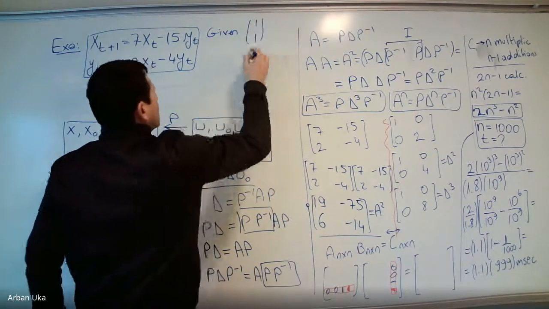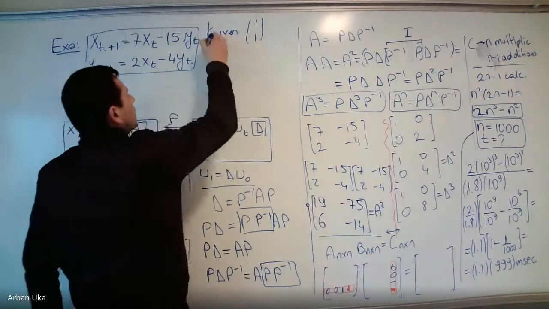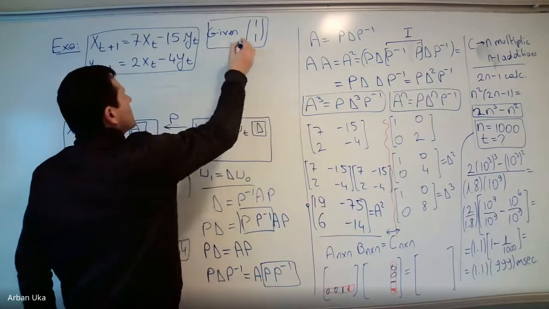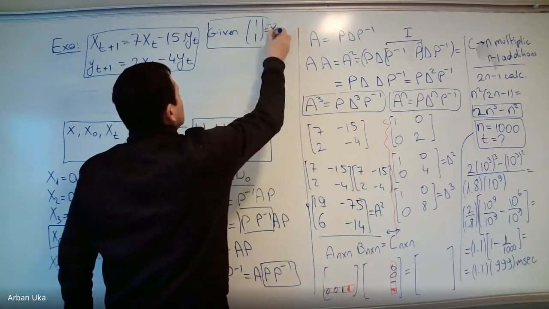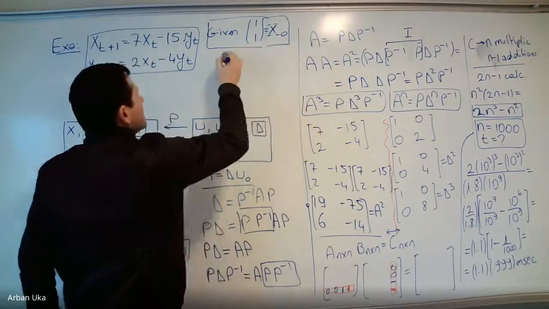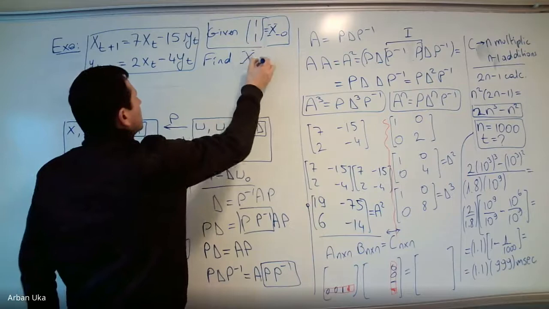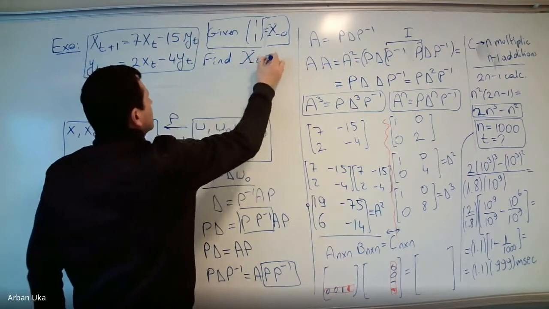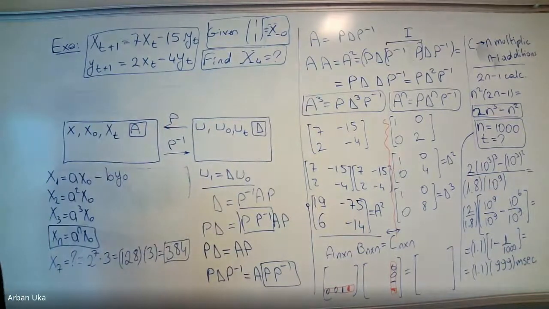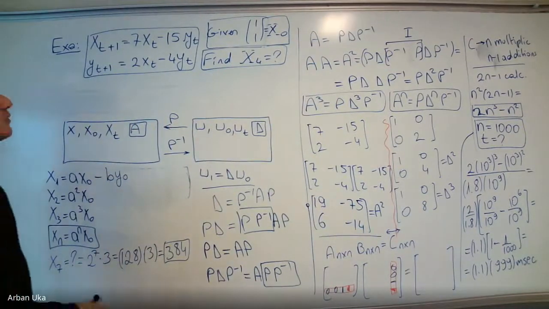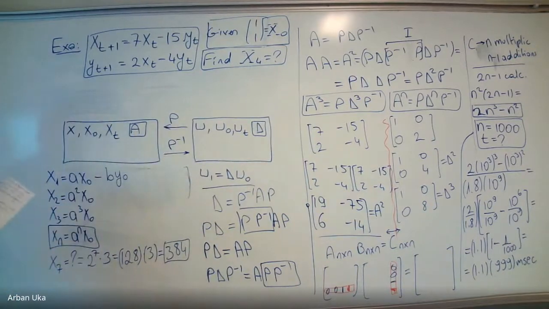So we can assume initial condition (1, 1), and this is equal to x0. We start with this. The question would be as such: find x4. So find what is going to happen with the number of x and y, which this pair constitutes a vector capital X, after some later time.